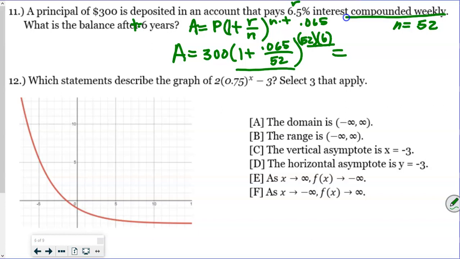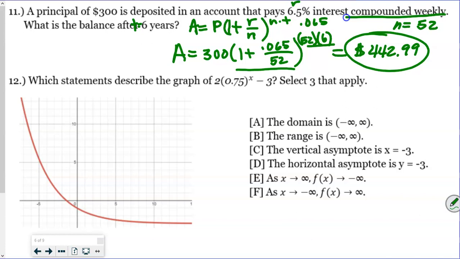When you do this, the answer I got was $442.99, okay?